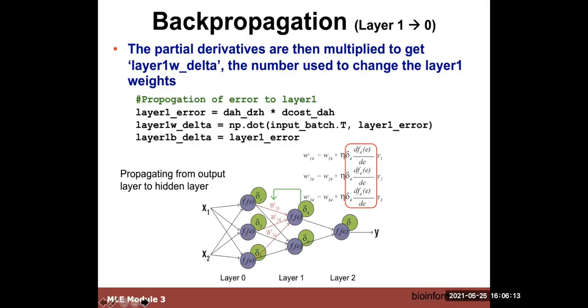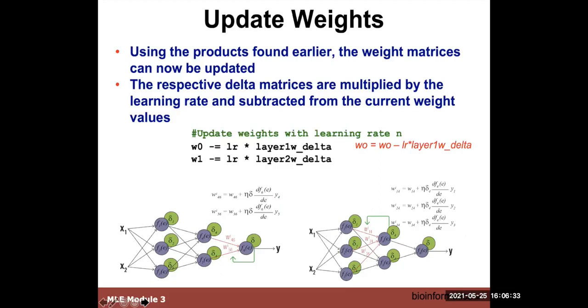Now we're seeing layer 1: we've got the error, layer 1 weights delta, layer 1 biases delta, and those are all determined from the previous layer itself. Again, dAH and dCost dAH are all being used in the multiplication. So at this stage, we've done the back propagation, and we can update all of our weights.